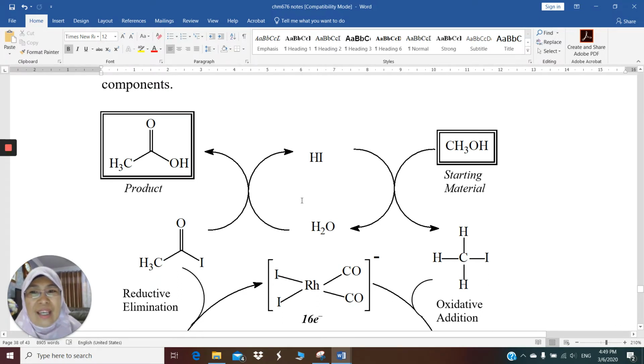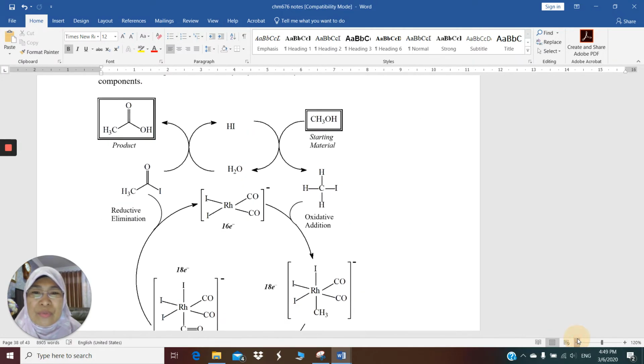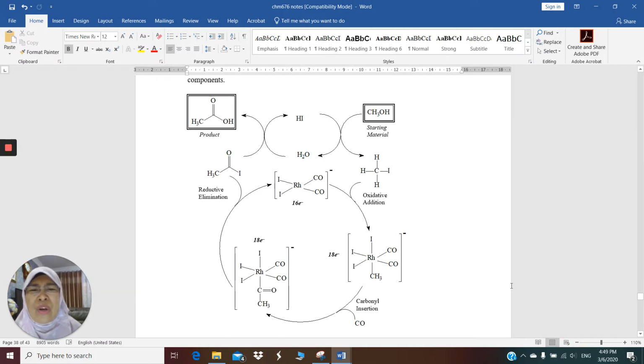So here, as a Monsanto process, this is a very beautiful illustration of how a few reactions get together and produce acetic acid very easily on an industrial scale.